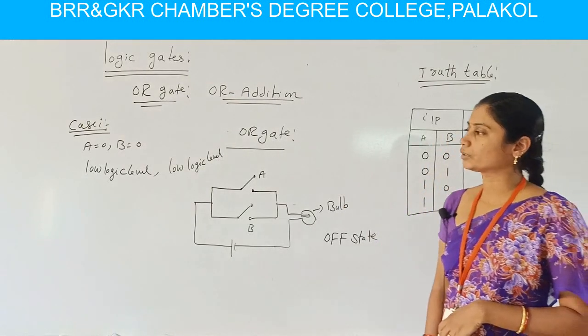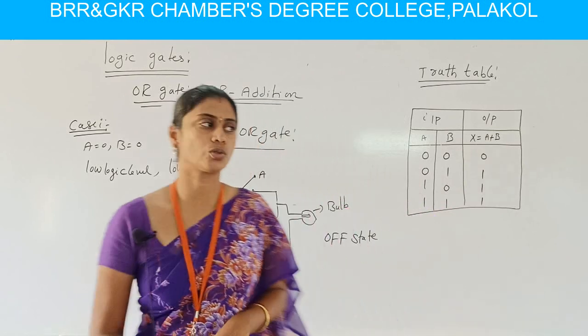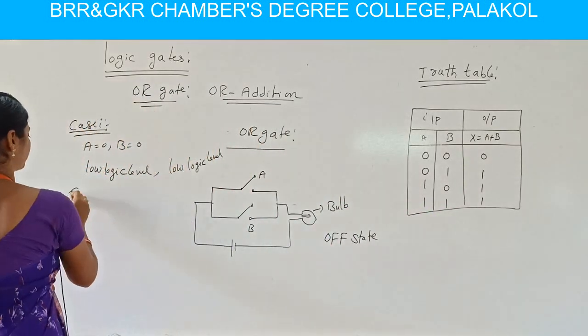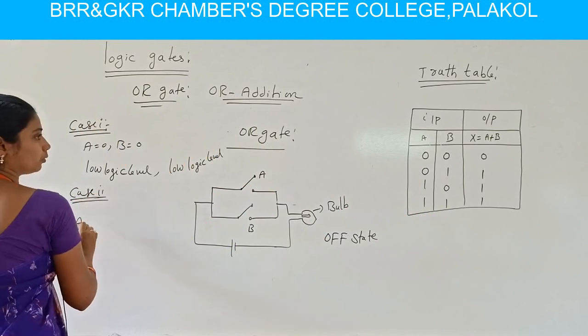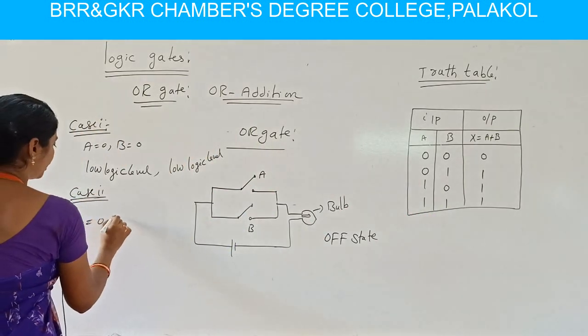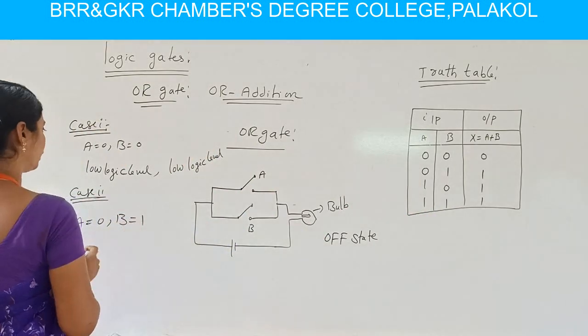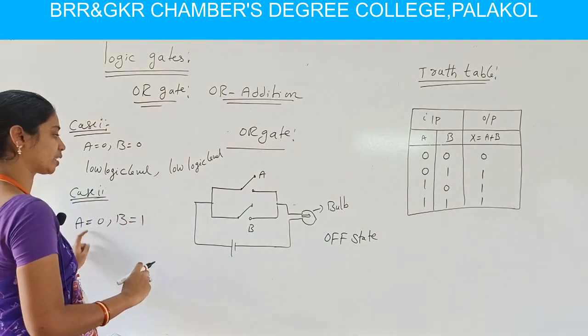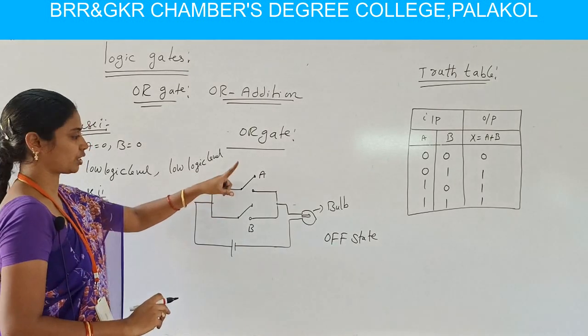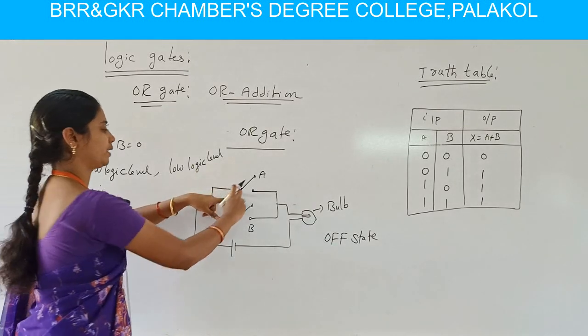Okay, and also case 2. In this case 2 we have A is 0 and B is 1. A being 0 means switch A is in open state.